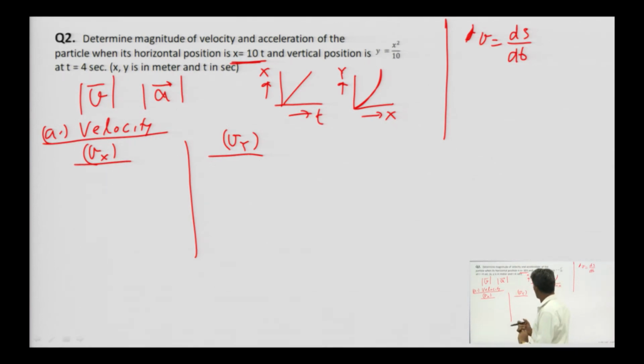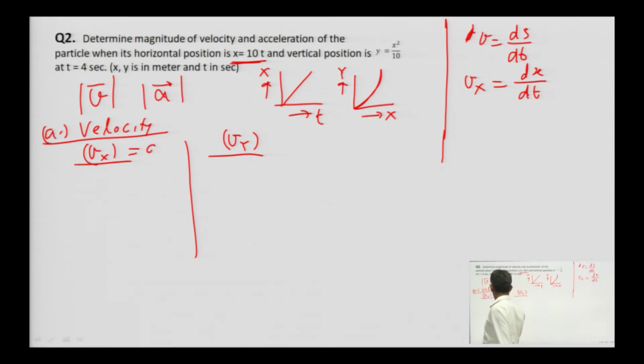So, what will be the vx? If I compare from linear motion, vx will be dx by dt and vy will be dy by dt, okay.